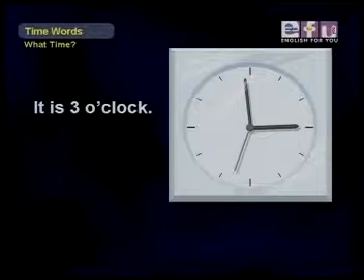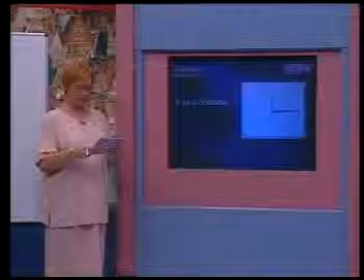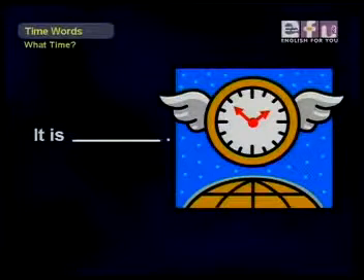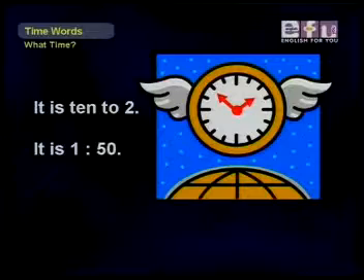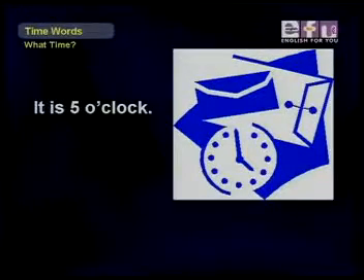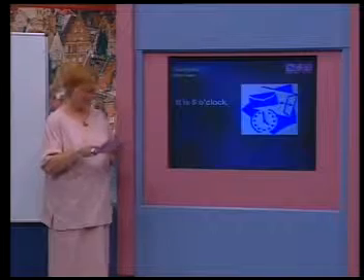Yes, it's 3 o'clock. All right, good. Now, Ali, for you. It is 10 to 2. It is 1:50. Okay, Lisa. It's 5 o'clock. Yes, it is 5 o'clock. Time to go home.